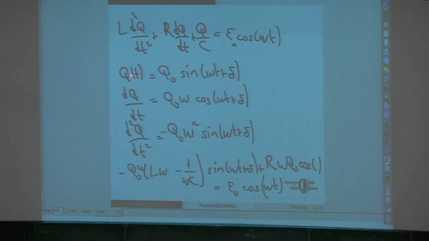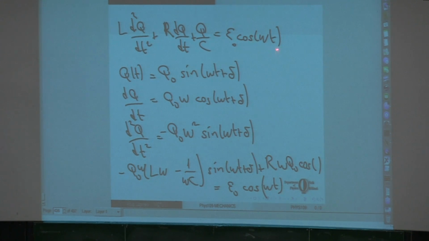The vectors corresponding to this term and this term, due to this minus sign, should be pointing in opposite directions. The vector corresponding to this one has the cosine, so there's 90 degrees between it and all the rest.